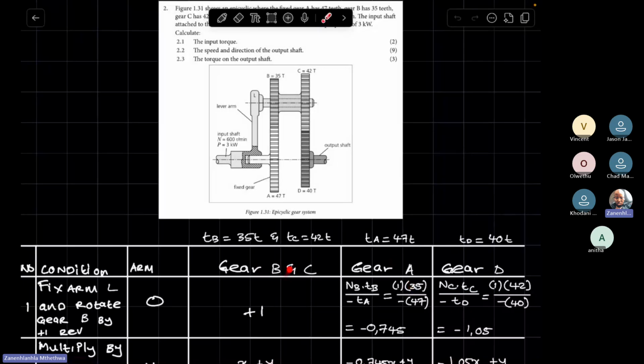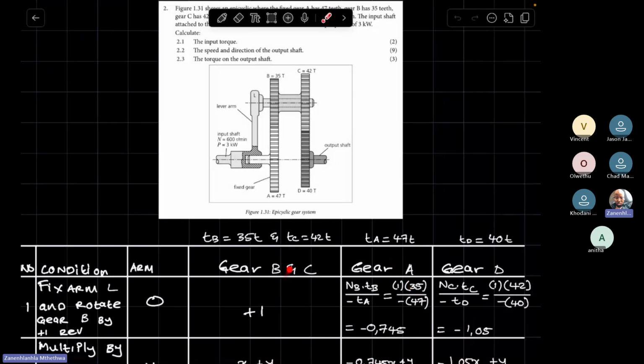All right. If they are the same, it means VB is equal to VA. Maybe let's write it the other way around. It means VA is equal to VB. Right.